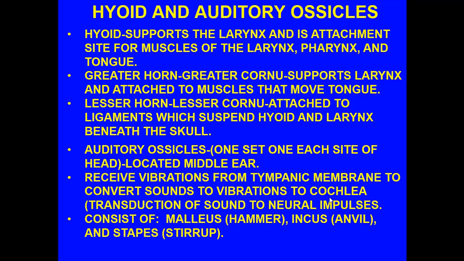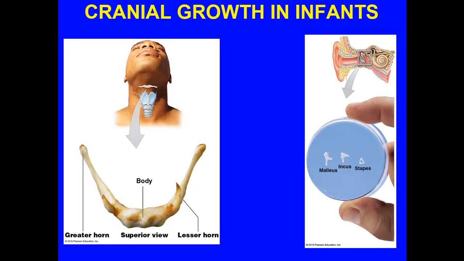The first of the bones is attached to the membrane and starts vibrating, and passes these vibrations over to the next bone, which is the incus, and the next bone, which is the stapes, which is attached to the inner ear structure called the cochlea. What you have is a process called transduction. You're converting sound from sound waves to neural impulses.